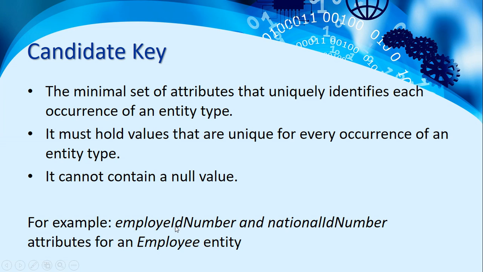Also, we have an employee ID number. Kasi syempre upon employment mo sa organization, automatic meron ka ng employee ID number, and that is also unique for each employee. Now, since etong employee ID number at saka yung national ID number, they can uniquely identify each occurrence of an entity type.